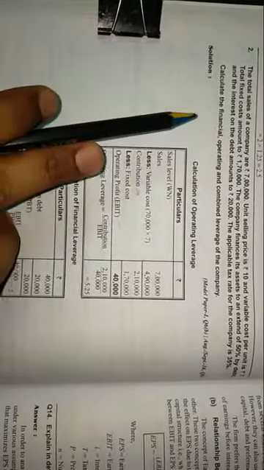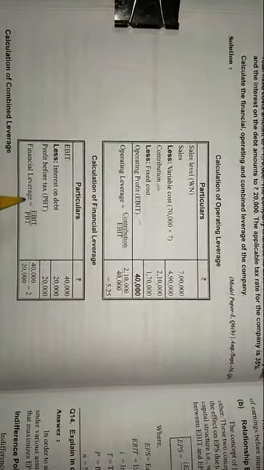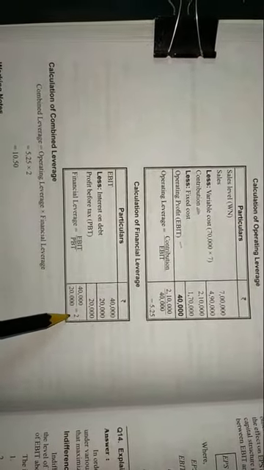Then less interest on debt, that is 20,000. 40,000 minus 20,000 will be 20,000. Now we substitute into our formula, EBIT divided by PBT: 40,000 divided by 20,000 is 2. This is our financial leverage.